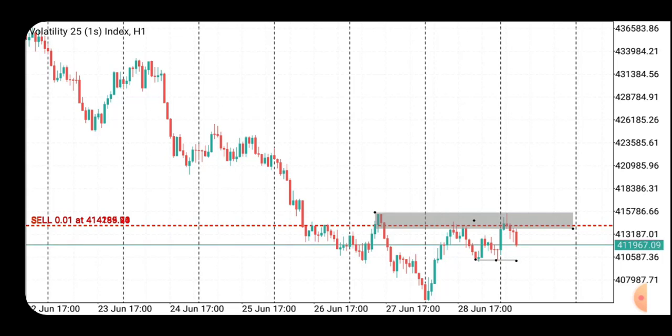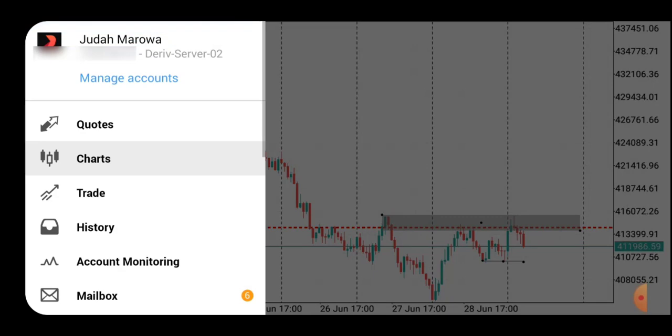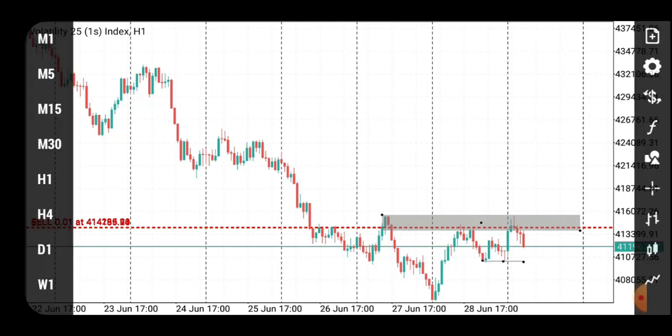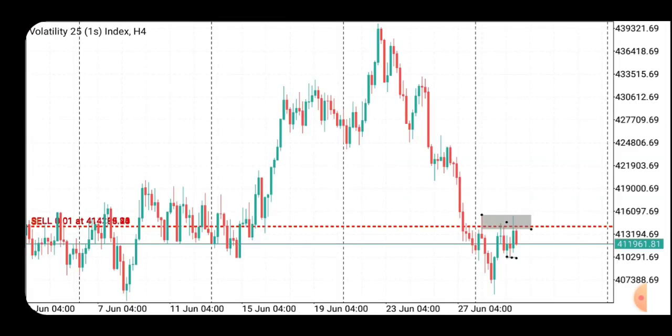This is more like proof, and this is how I trade. This is a live trade on a live account, explaining the concepts I'm telling you about, so for those who are doubting, this is how it is done live.